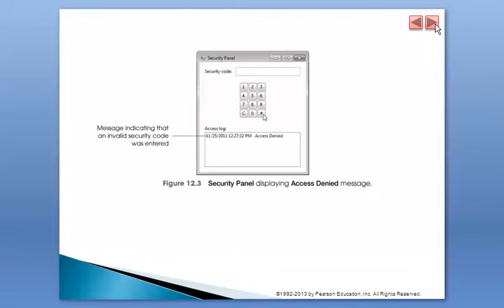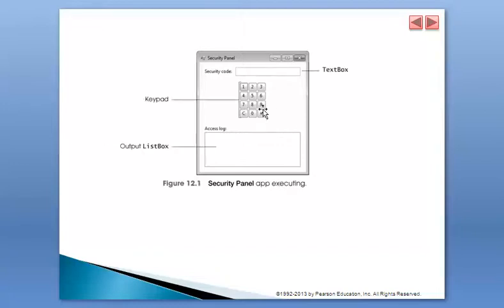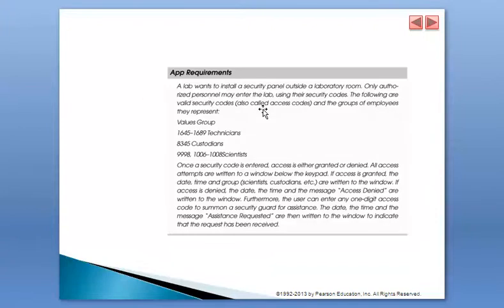There will be a text box in which the user is going to key their code, and they say in the description that, for example, if the number is between 1645 to 1689, that's a technician.